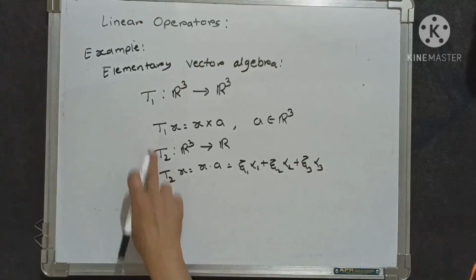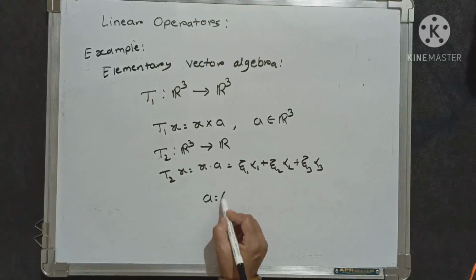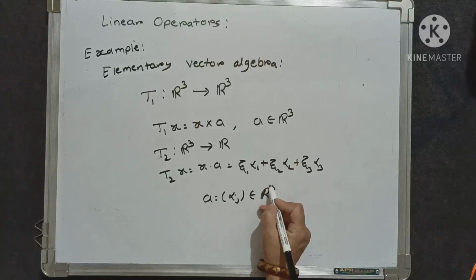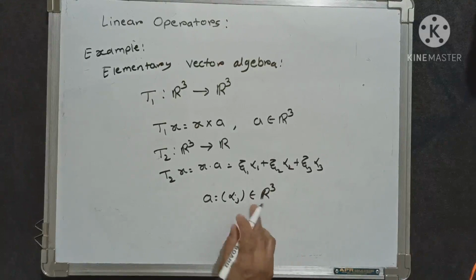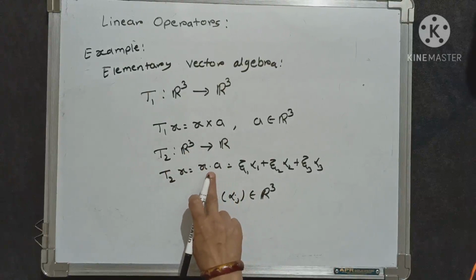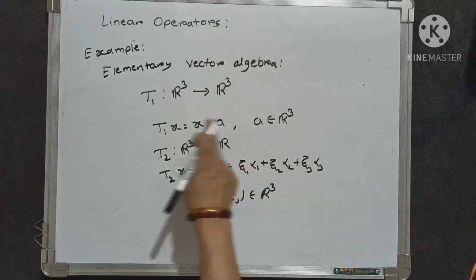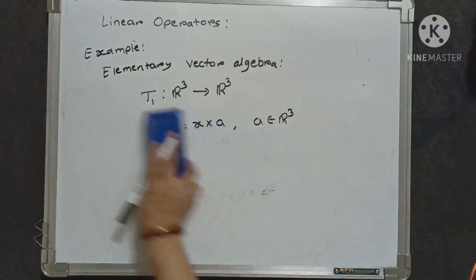In this way, these two operators are linear operators. In both cases, a, with components alpha j, is an element of R3 and is fixed. Both the cross product and the dot product are linear operators with one element kept fixed. This is the example from elementary vector algebra.